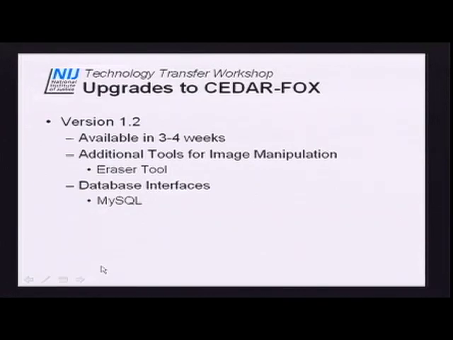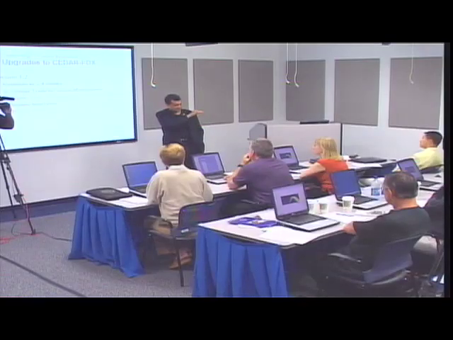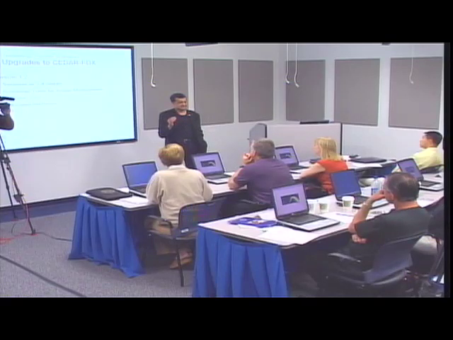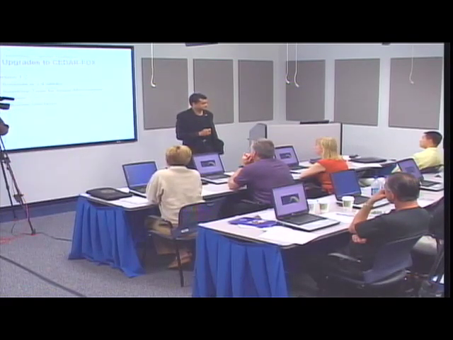These are additional tools for image manipulation. We mentioned the eraser tool, which is to get rid of noise and interfering things. When you're matching shapes, there's some interference that's causing the system to think that it is a legitimate part, like when you have an underline or a ruled line interfering with the signature, and it ends up thinking that's part of the signature, so you want to participate and say that is not part of the signature.